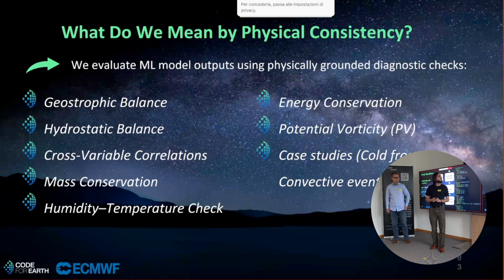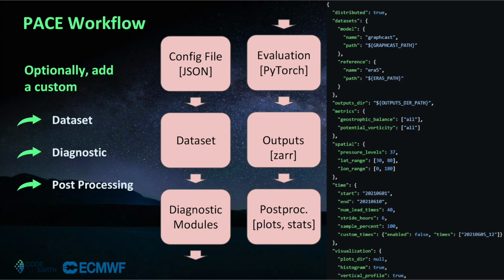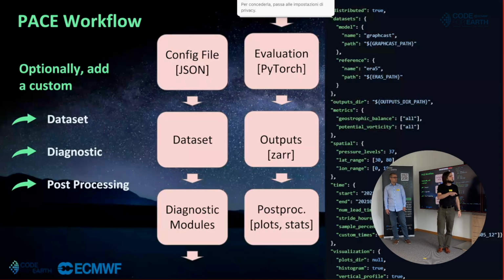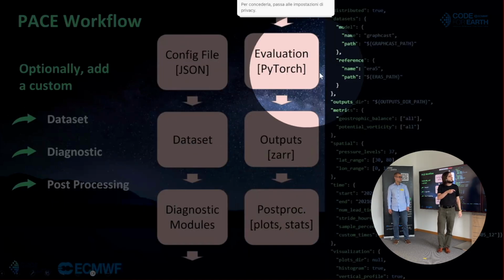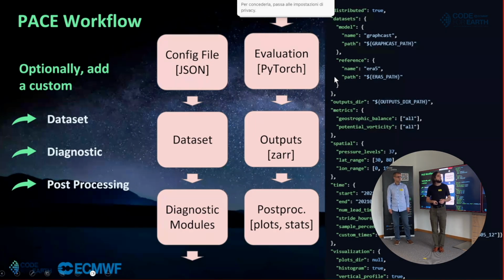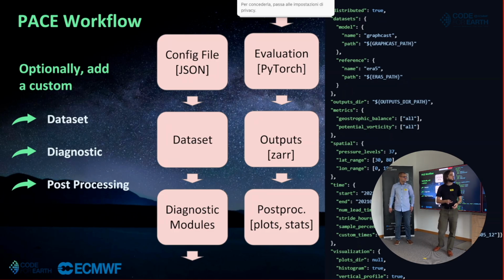So the workflow is basically dependent on the config file, which the user can modify freely, choosing either prepared datasets or configuring their own new dataset, and then some reference dataset, which is supposed to be from a traditional numerical prediction system. You can also choose some spatial or temporal slices, and then also the diagnostics that you would like to compute.